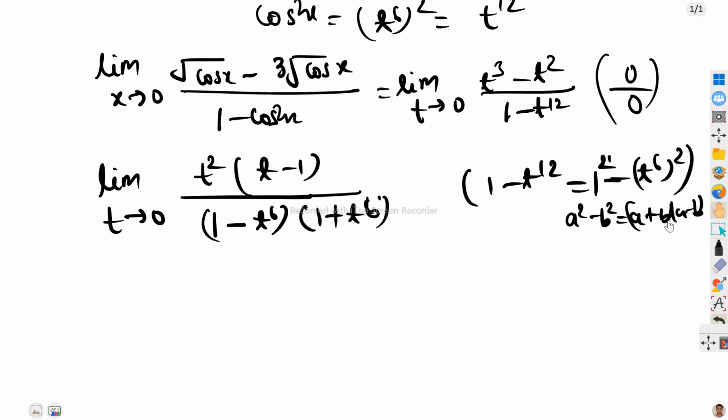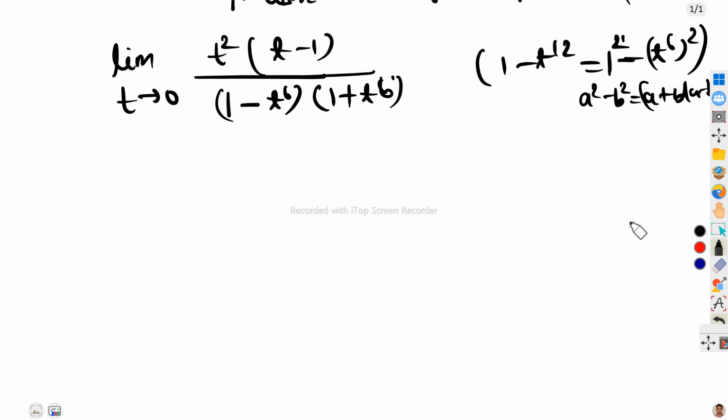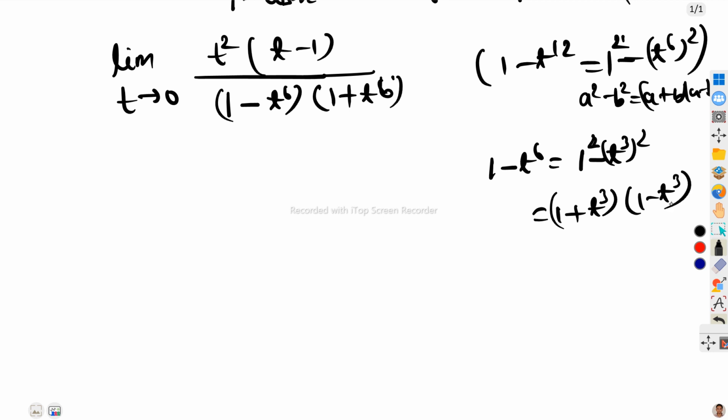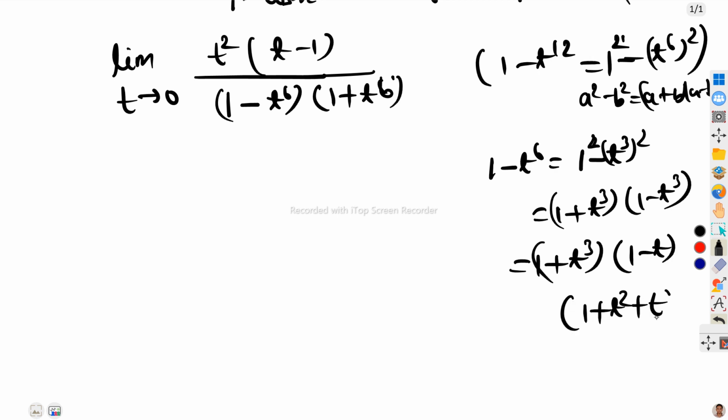Again, this 1 minus t raised to power 6 can be written as 1 minus t cube square. This is a square minus b square: 1 plus t cube and 1 minus t cube, and this 1 minus t cube can be written as 1 minus t into 1 plus t square plus t. Why?